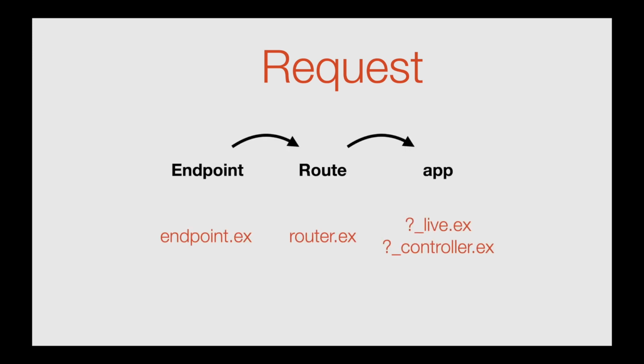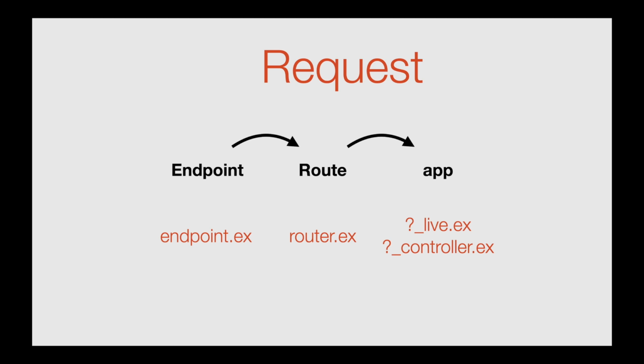Okay, so let's talk a little bit about how requests are managed within the Phoenix framework, and then we can develop a plan for how this authentication engine is going to work. When any request comes into Phoenix, it comes in through an endpoint, then flows through the router, and then eventually flows into the application.